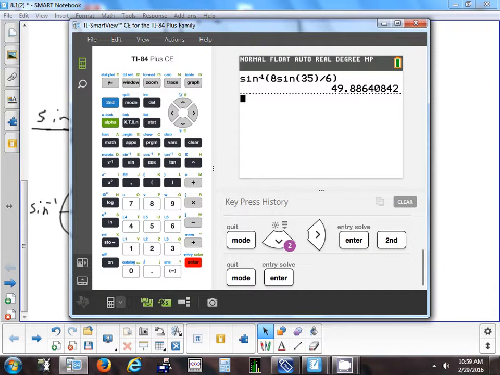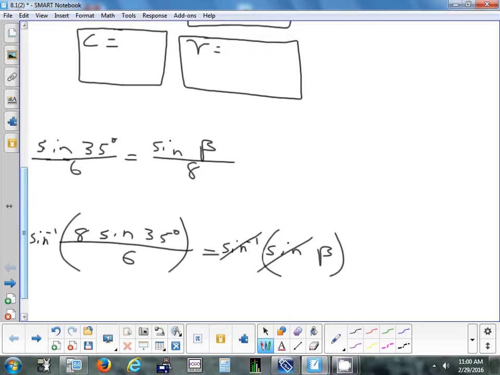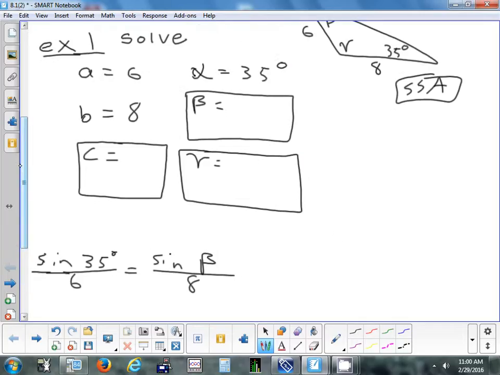49.886. Now I'm going to write that answer up higher in the box just in case there's a second solution. And if there is, I'll put it below it. Now we're looking for where sine equals a positive number. What two quadrants is sine positive?